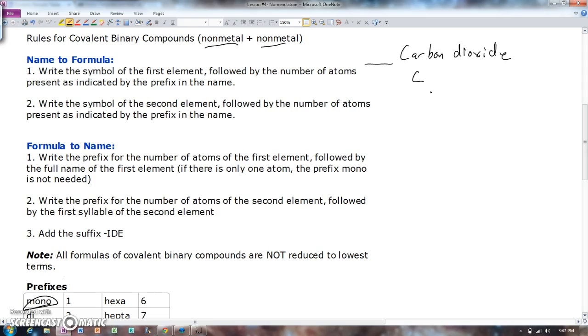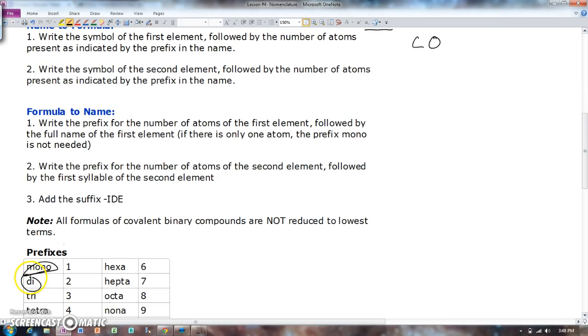My next step is now to write the symbol of the second element. So I have dioxide, and as I see the oxide, it must be oxygen. So I'm going to write my O, followed by the number of atoms present as indicated by the prefix. Now I see di. Di must be 2, so I can put a 2.